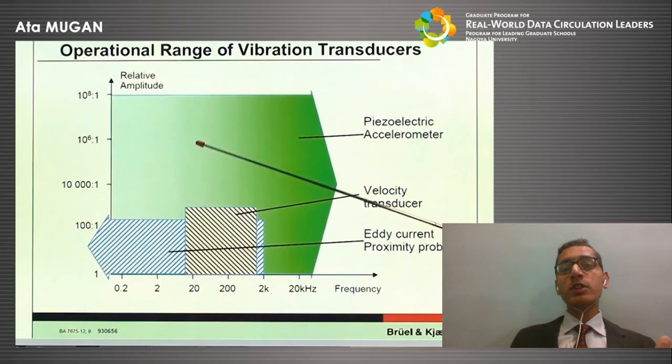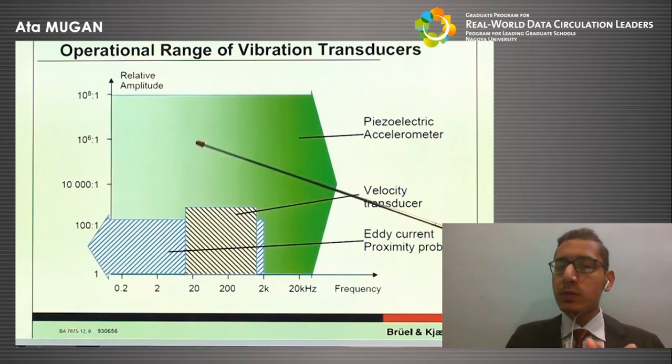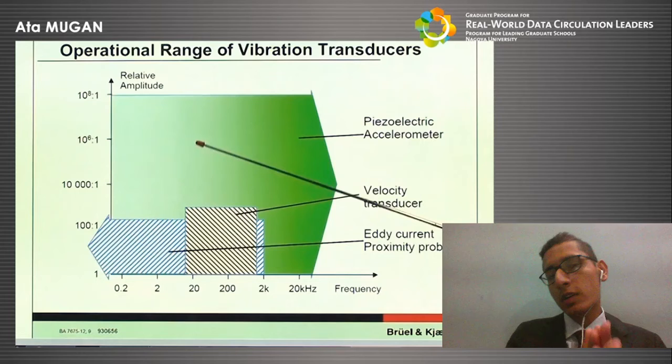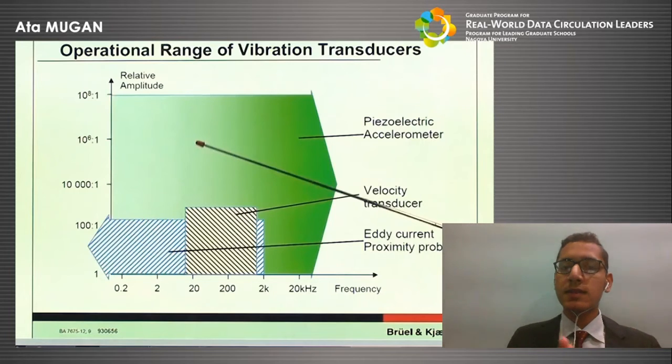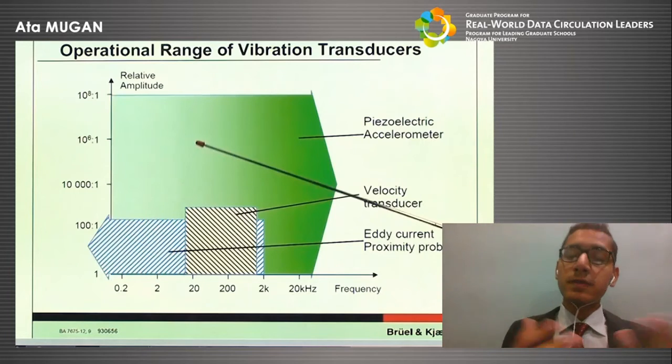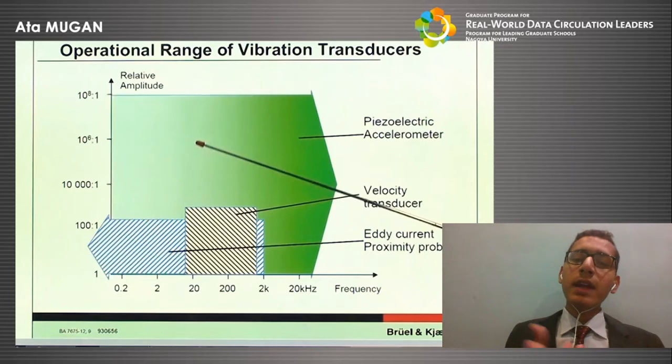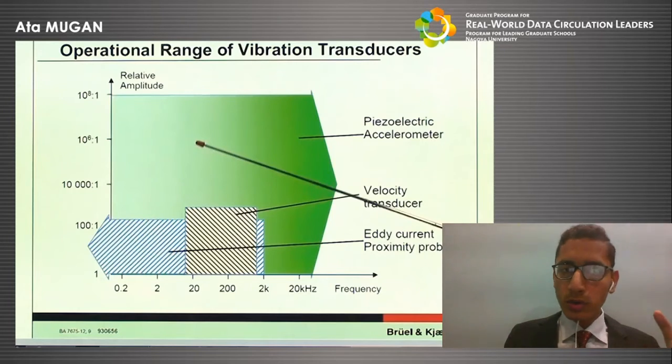Now we have the operational range of vibration transducers. We see eddy current proximity probes, velocity transducers, and the piezoelectric accelerometer. First of all, we discussed the usable ones. These three are currently being used as the modern detectors. The eddy current proximity probes have a shorter amplitude range, while they have a large frequency range.